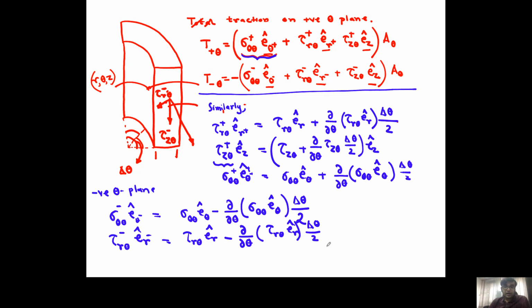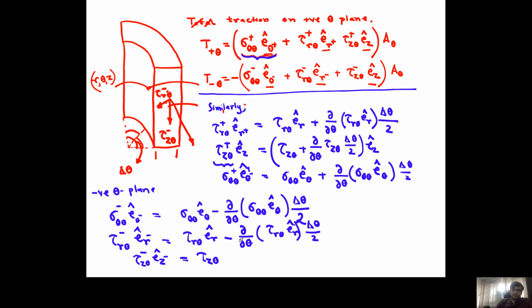Lastly, the last term is tau z theta minus e z minus hat, and this is equal to tau z theta.